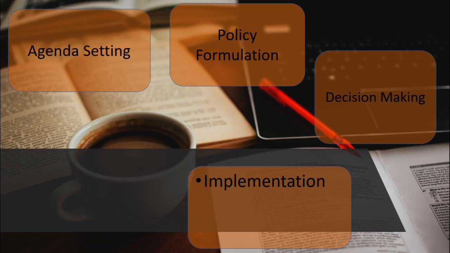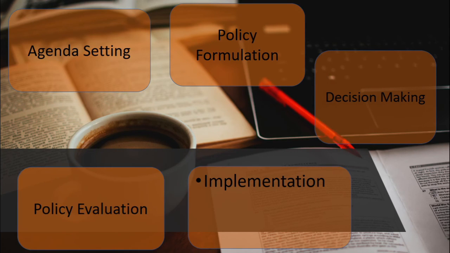So there are a plethora of instruments that policymakers use to execute the decision that they've made to solve a particular problem. We are going to talk about these instruments in subsequent lessons. So at this stage, all you have to know is after the policymakers have made a decision on a particular policy choice, they implement it.